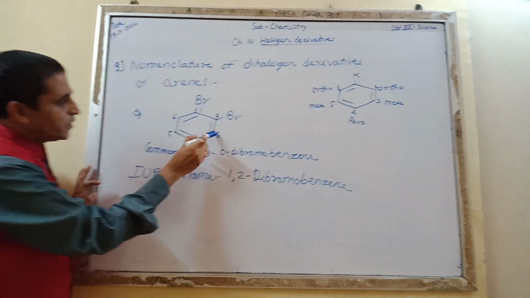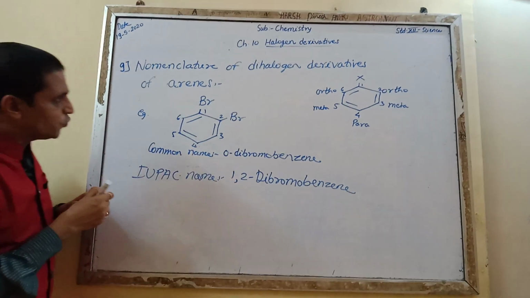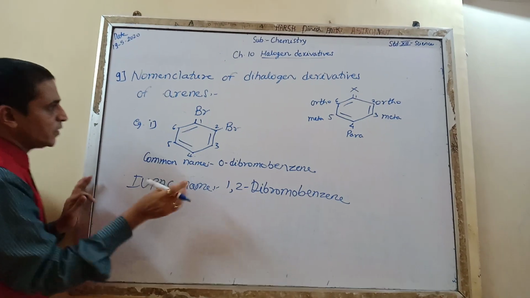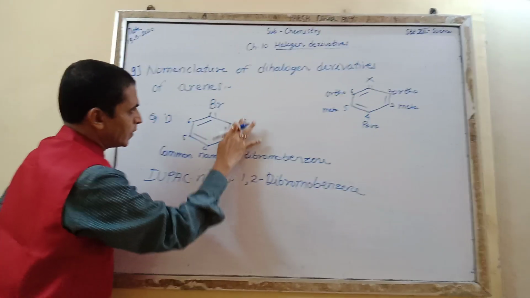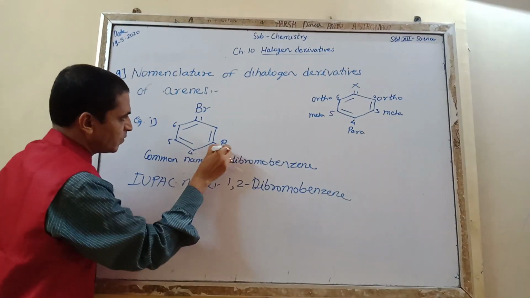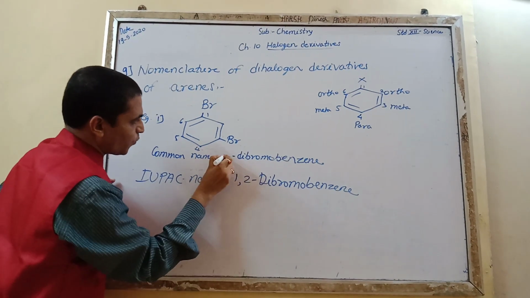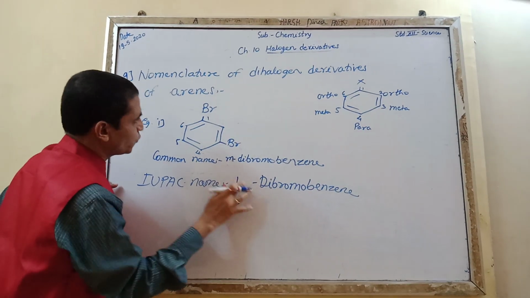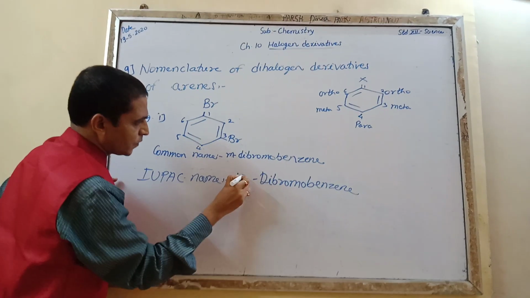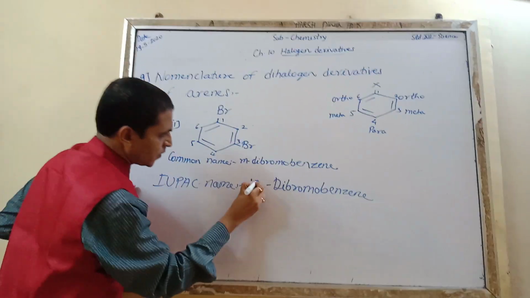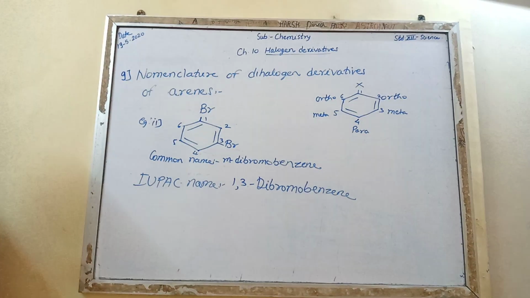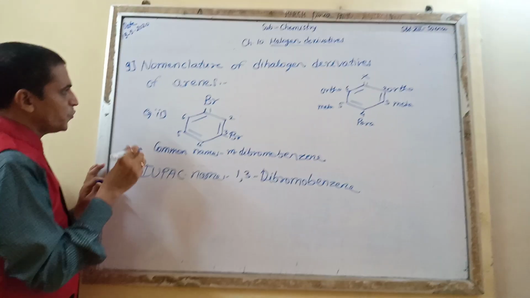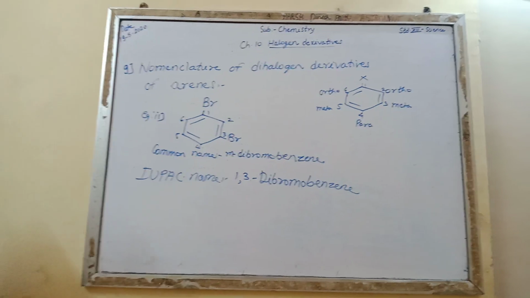Similarly, if Br is here, then you get the first example. Now see the second. I put Br here. Then you get what? Instead of O, you get M, and instead of 2, you get what? 3. 1,3-dibromobenzene.